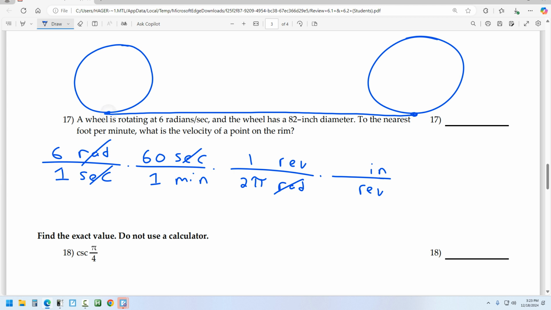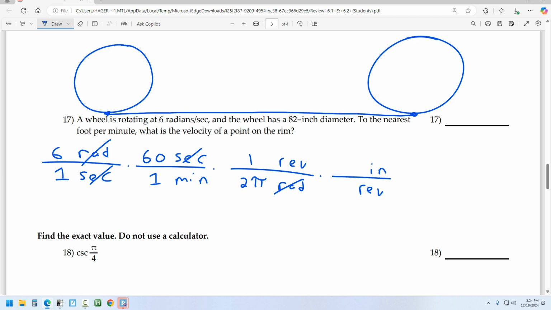How would you figure out how long this distance is if you had a tire and you rolled it 1 time on the ground? You measure it? But what if you couldn't roll it on the ground, and all you could do is look at the tire? How would you figure out how far it would roll 1 time? You don't actually have to roll it to figure that out.